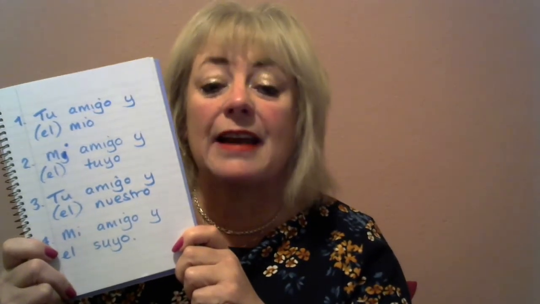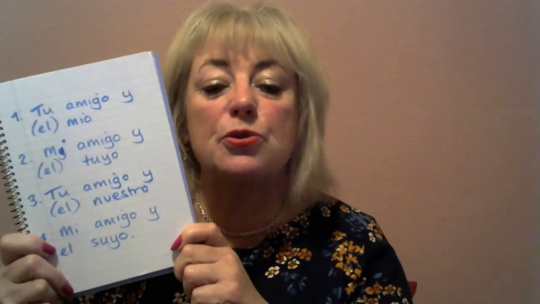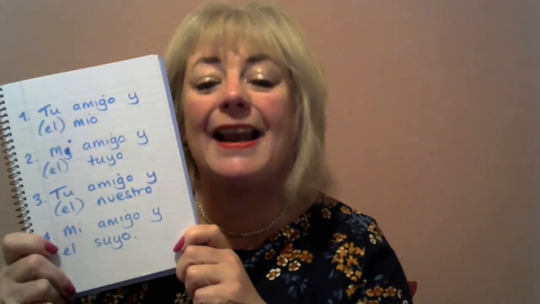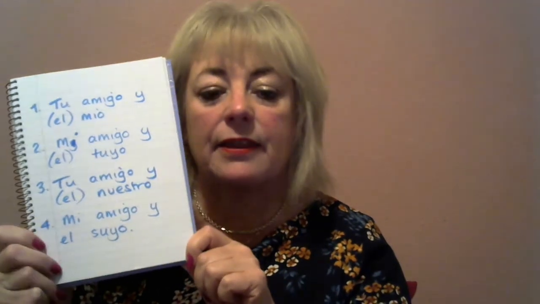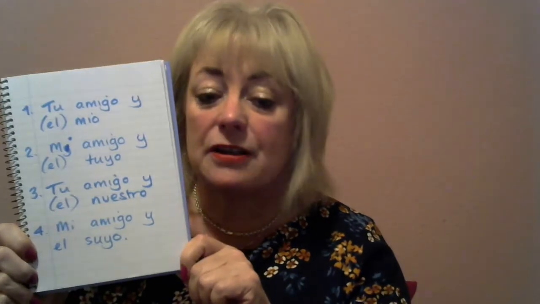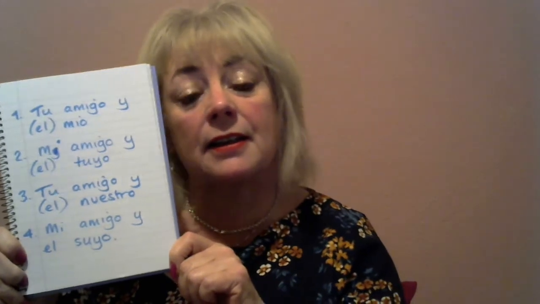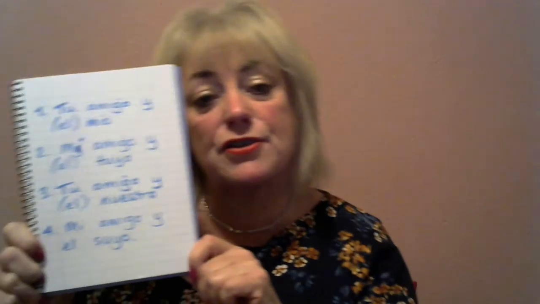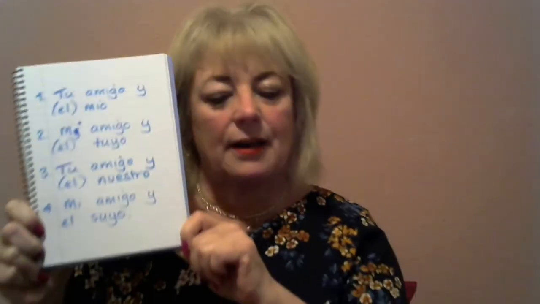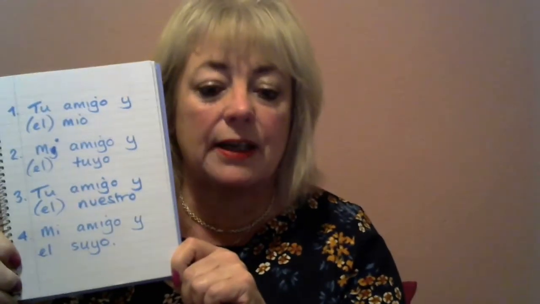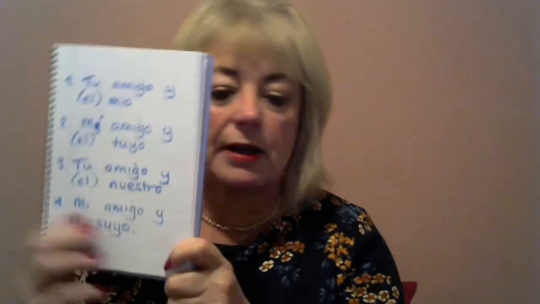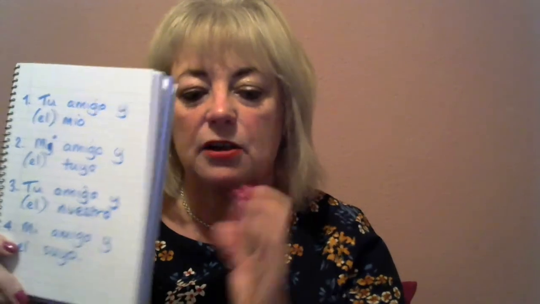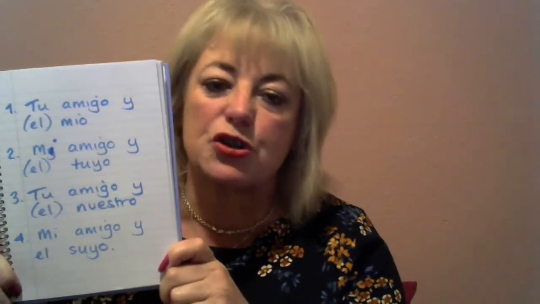Then your friend and ours, tu amigo y nuestro, or tu amigo y el nuestro. And then mi amigo y el suyo is my friend and, well, it could be my friend and his, my friend and hers, or my friend and theirs. But anyway, again, the el is optional. I've forgotten to put the brackets on there, but the el is optional. So mi amigo y suyo or mi amigo y el suyo.